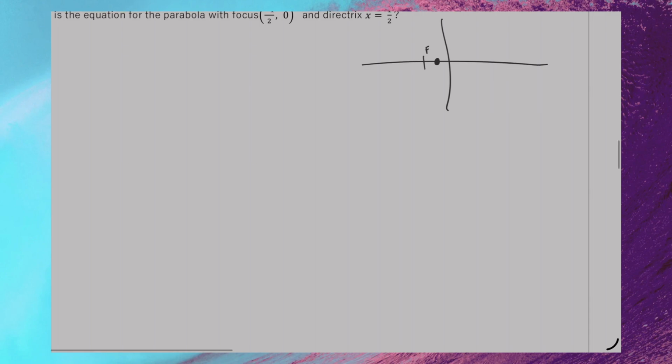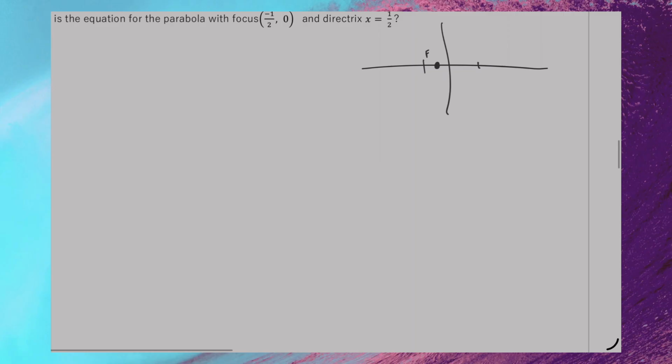Directrix is x equals 1/2, which is a vertical line. This means that it is going to open left. It also means halfway in between them is going to be where the vertex is. Well, it's a half a unit to the right and half a unit to the left. So this center right here is our vertex.